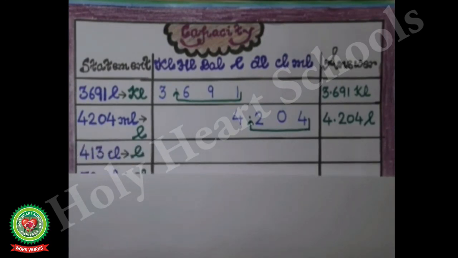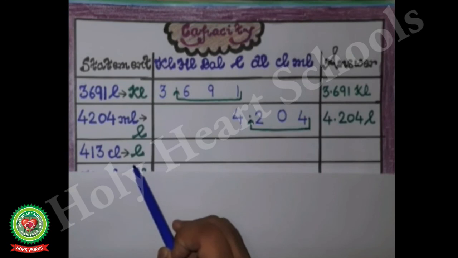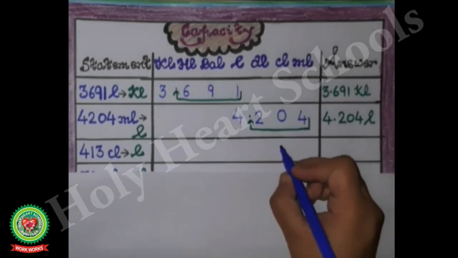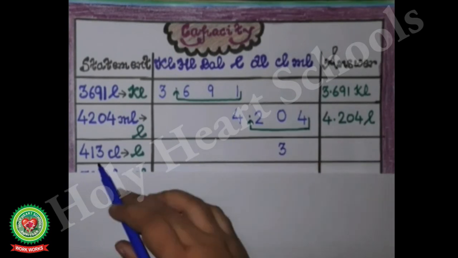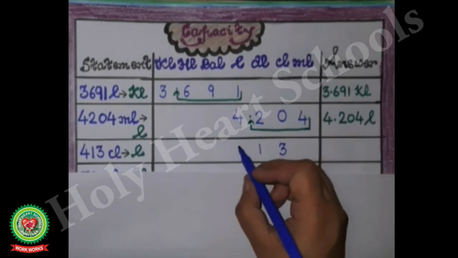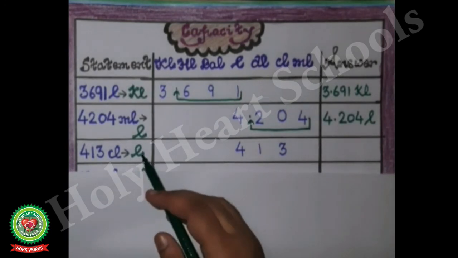Example number 3. 413 centiliters, and we have to convert it into liters. Let's arrange the numbers. 3 under centiliter, 1 under deciliter and 4 under liter. Now we have to convert it into liters.